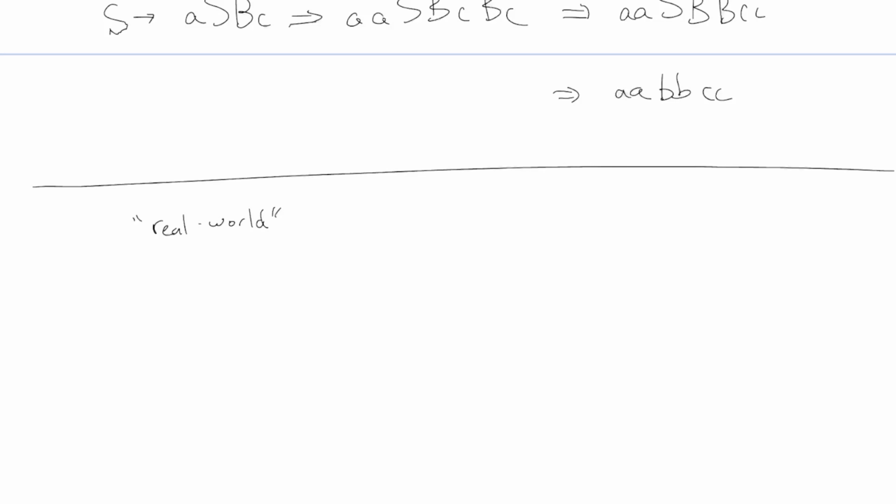I mentioned often that real-life programming languages can be described using grammars. We looked at the Python grammar, I don't know, last week or something. Many programming languages, including Python, actually are in this category.